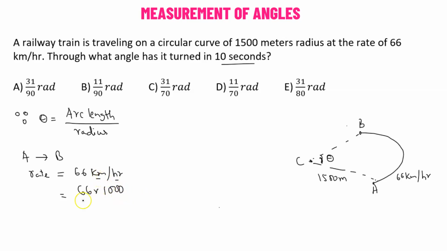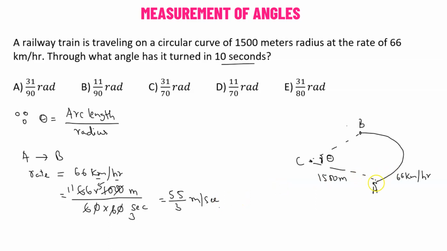So we have 1000 meters divided by an hour, and in an hour we have 60 minutes, and in each minute we have 60 seconds. Here we can factor out two zeros from the numerator and the denominator. 6 times 11 is 66, so we have 2 times 3 and 5. So we have 55 over 3 meters per second. This is going to be the rate in meters per second.